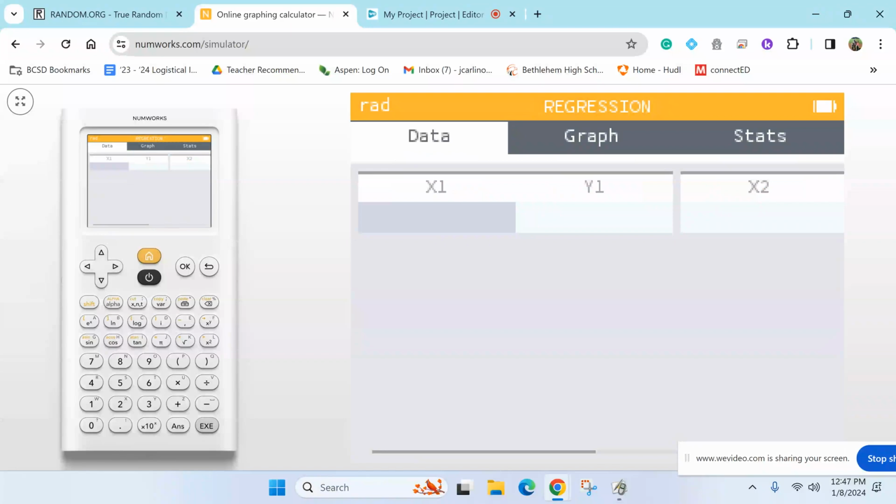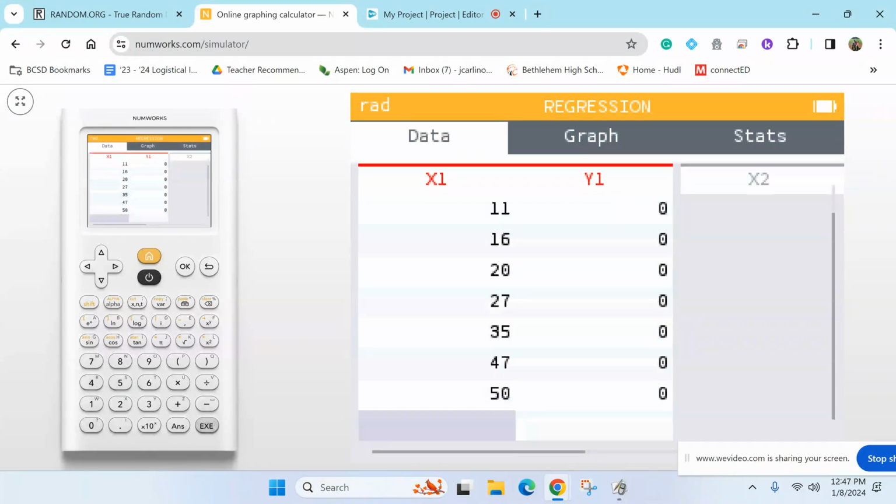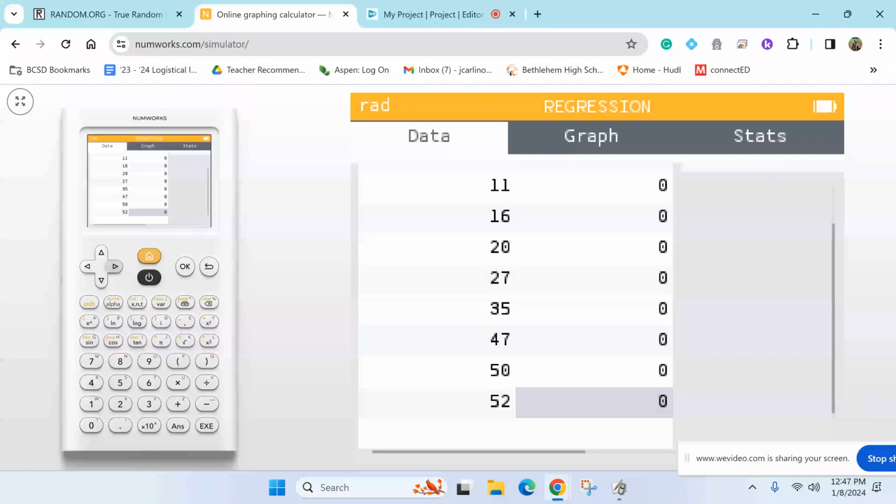So we start going 2, 11. Again, I'm just getting this from the problem. I'm not making this up. Take your time. Don't type like you're texting. 20, 27, 35, 50, 52. Real quick check before I enter the other values. Looks good. Okay, going backwards. 12, 107, 1.